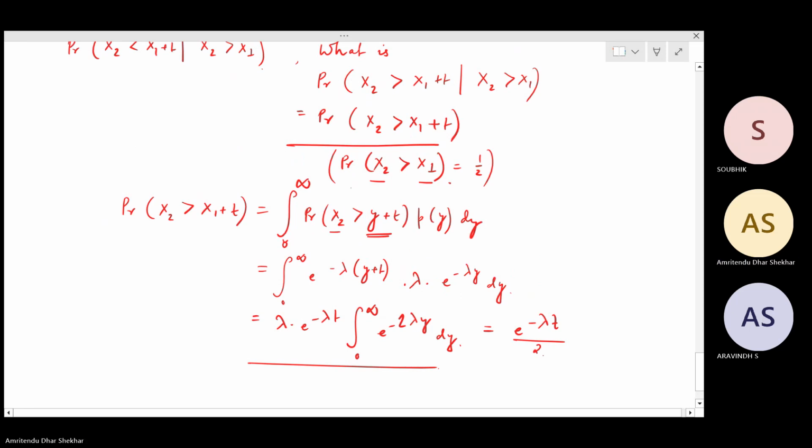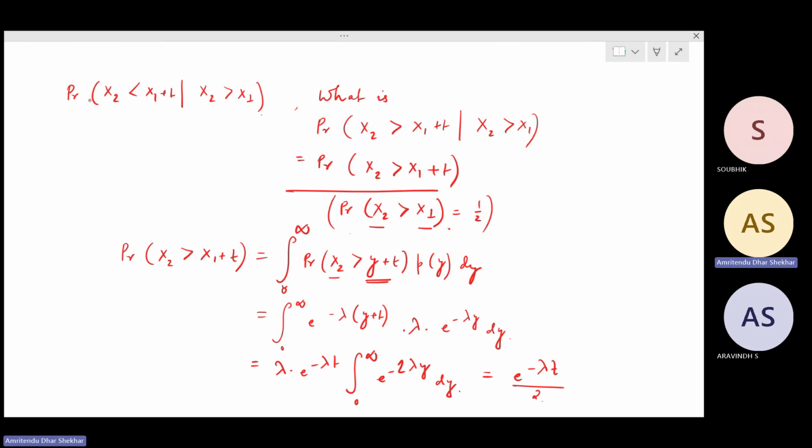So what is this equal to now? This is equal to e to the power minus lambda t upon 2 divided by half. So that is equal to e to the power minus lambda t, right?